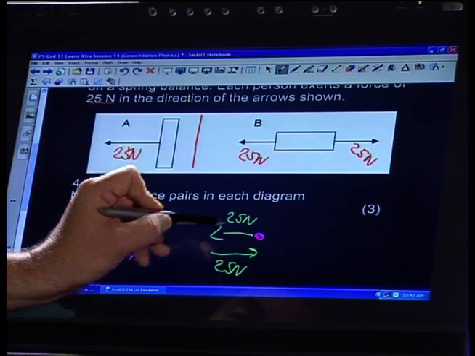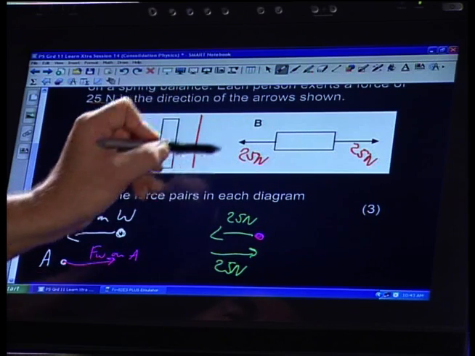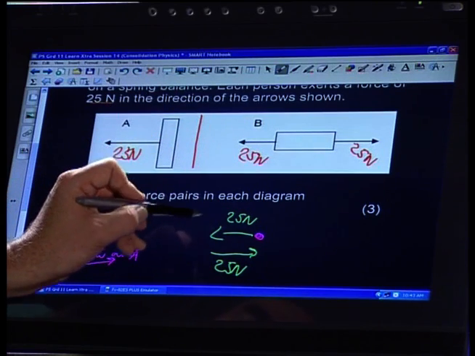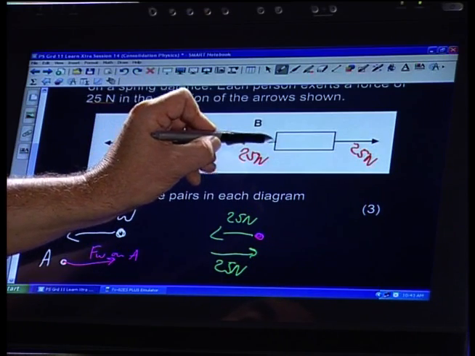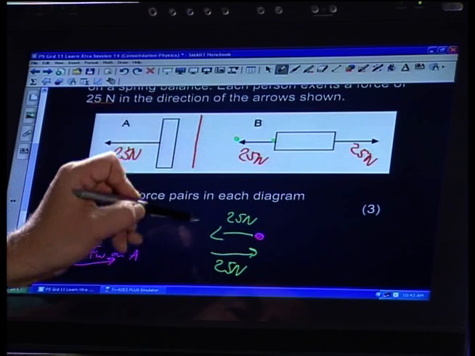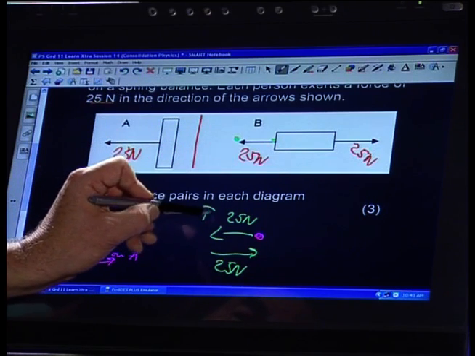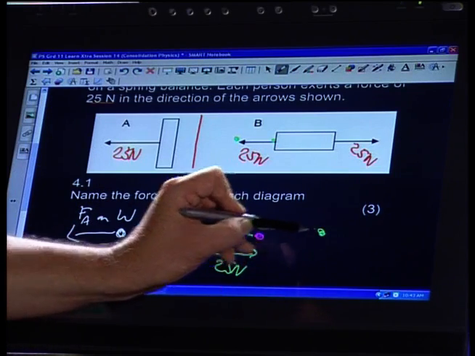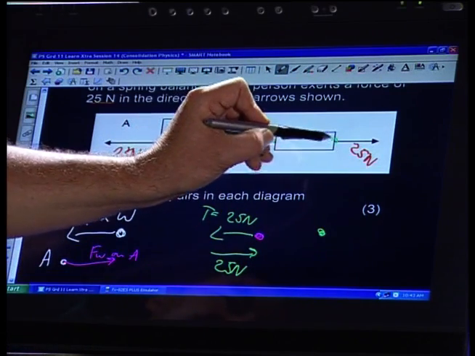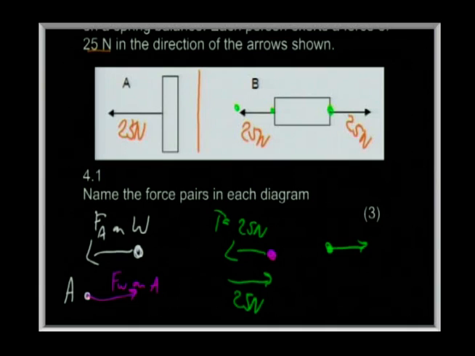So this is the tension in the string, if you like, and the tension in the string can be measured at either end, and it will be the same. The tension over there or the tension over there, it's the force that's being exerted by the person. And in exactly the same way, at this end, we've got a 25 newton force, but on the person, there's a force of 25 newtons.